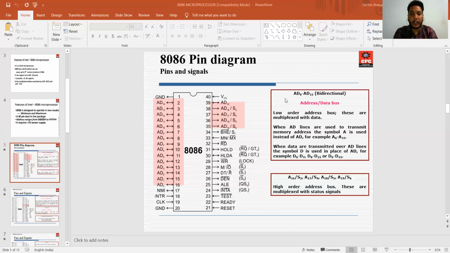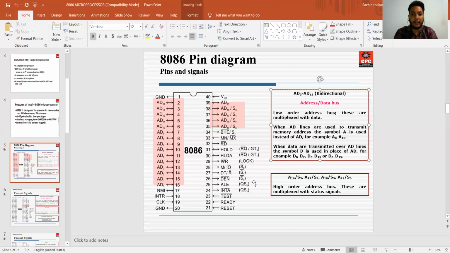Now, first we are talking about the signals from pin 2 to 16, that is AD0 to AD15. The AD0 to AD15 is a bidirectional bus. In AD0 to AD15, A represents address and D represents data.